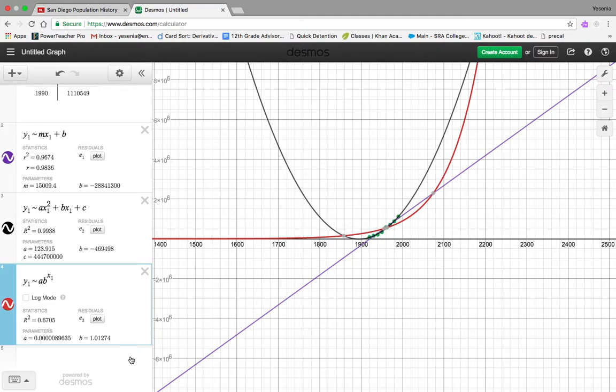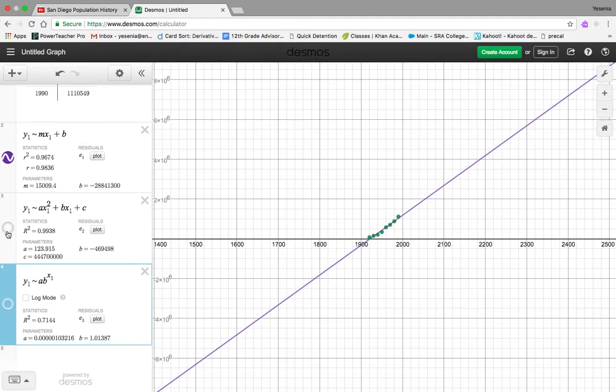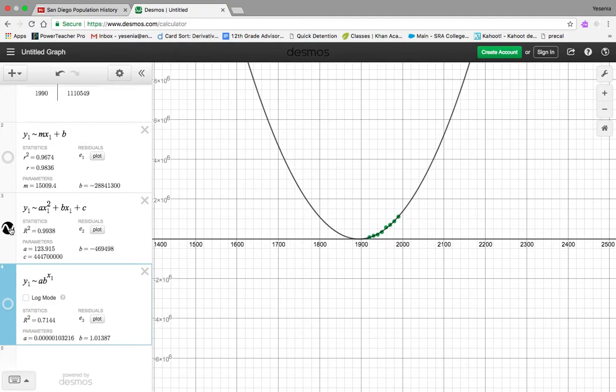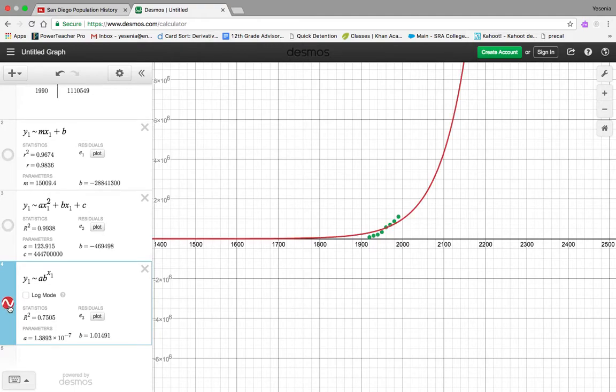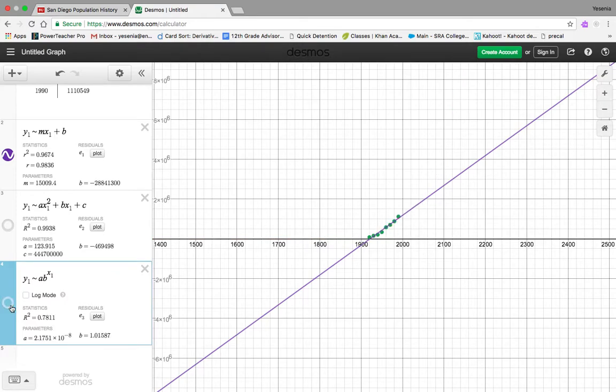Okay, so then you could go ahead and start to analyze these. Let's go ahead and start taking out all of these right here. So here's our linear model. Let's take that out. Here's the quadratic model. That's there. All right, let's take that out. And then here's the exponential. Now, which one do you think made a better fit for our data? If you were to visually see, where do the dots line up most?